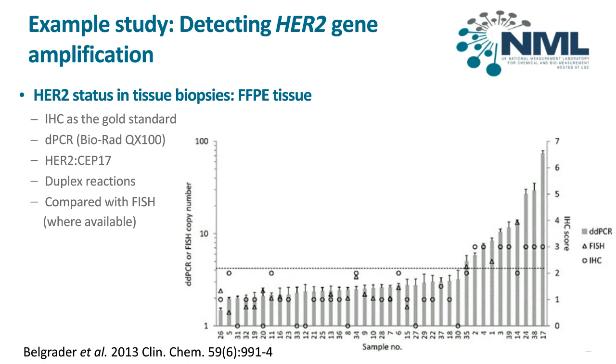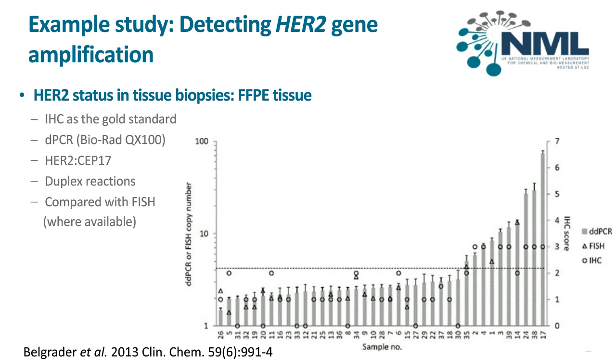The fixation methods that they use can cause quite a high level of fragmentation of your samples. And they used here a number of samples where they looked at the HER2 status using digital PCR and compared it to the immunohistochemistry. For this, they used the Bio-Rad QX100, which was this droplet-based instrument onto the market, and they used a centromeric on chromosome 17 as the reference, and they compared this also to FISH.